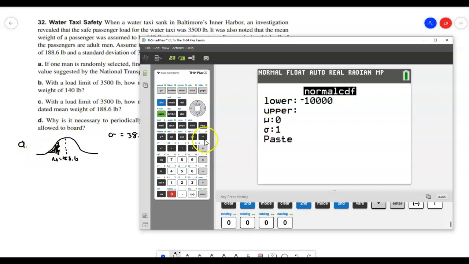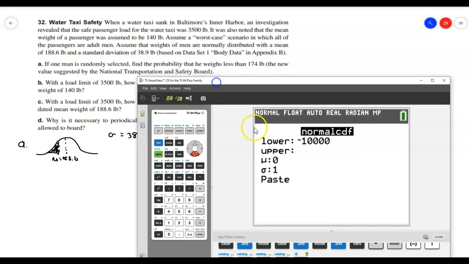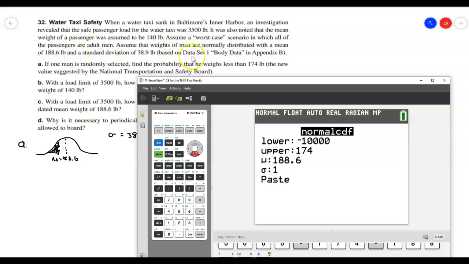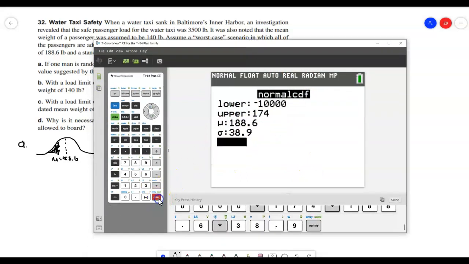The upper limit is where the shading stops, which is right where the weight for that man is, at 174 pounds. The mean of this distribution is 188.6, and the standard deviation is 38.9. Make sure that you know your symbols, and enter.